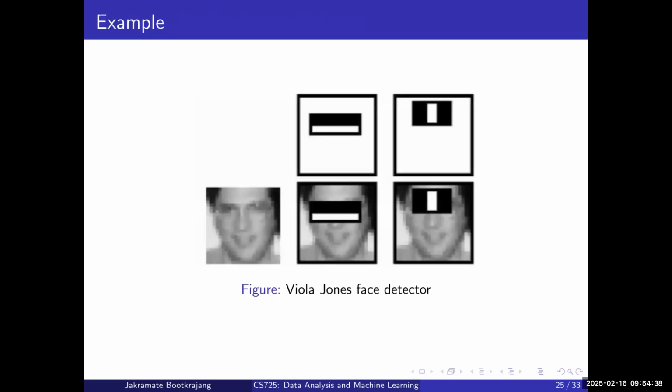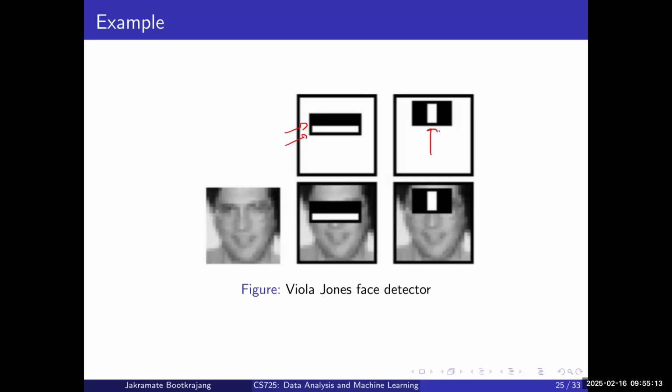And this is used in the Viola-Jones face detection. This is one of the classic face detection methods. In the Viola-Jones face detection, they build a set of classifiers for each of the face parts. This one is for the eye. Basically, the eye part should be darker than your cheek.